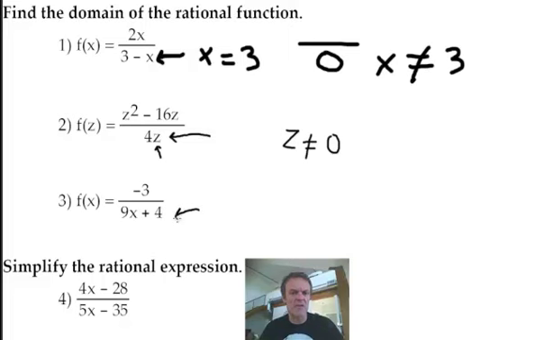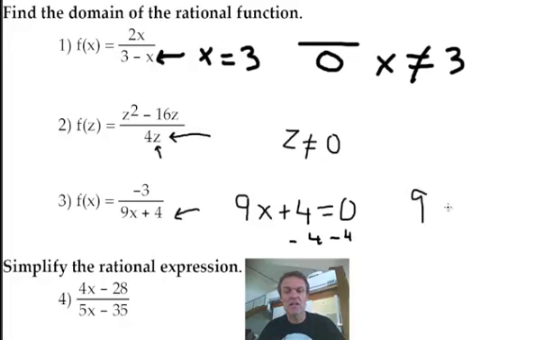And let's just do this last one. Now, if you're unsure about this, remember, we cannot have 0. So really, the way to think about this is, if I'm not sure, I am going to set that denominator, just the denominator, equal to 0. I know that's what we can't have, and I'll solve. So I take away 4, so 9x equals negative 4.